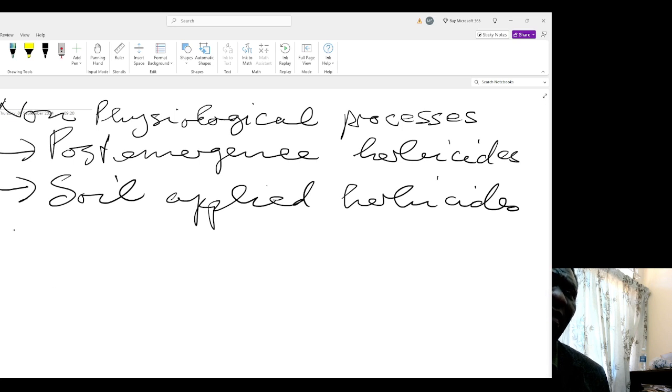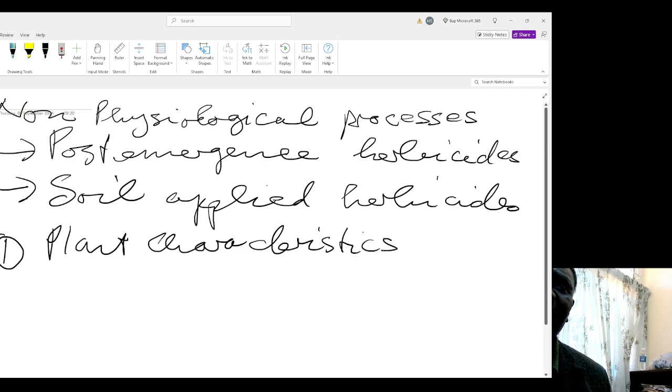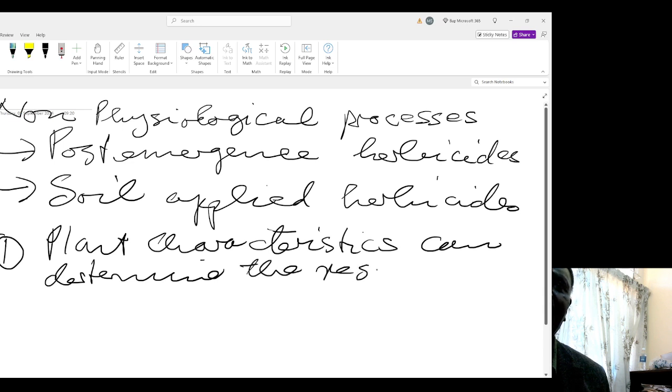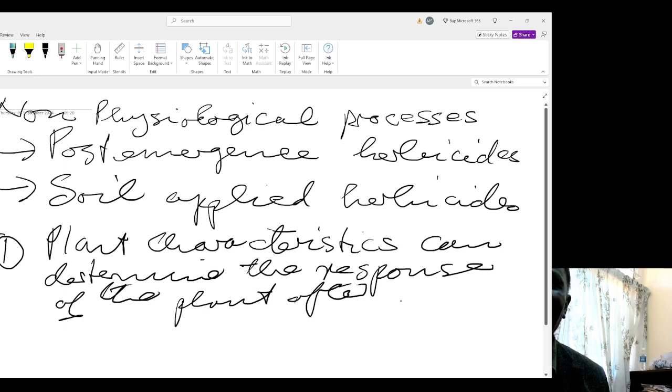Now, we are interested in, if we are applying post-emergence herbicides, plant characteristics can determine the response of the plant after herbicide application.